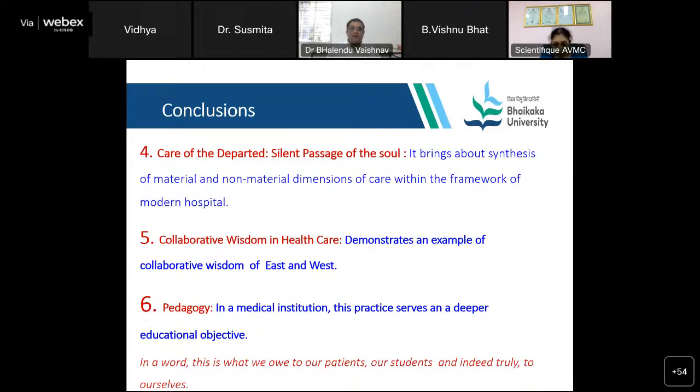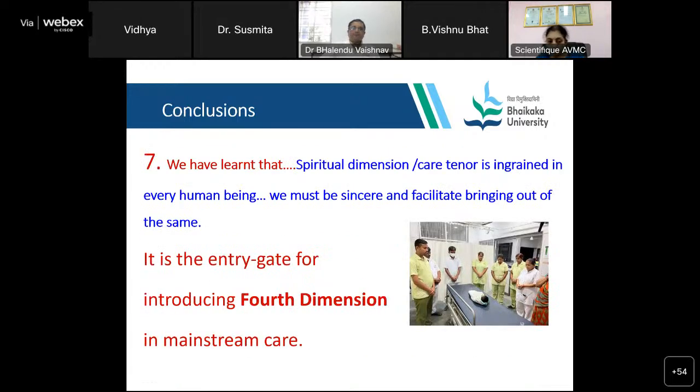Sixth is pedagogy. In a medical institution, this practice serves a deeper educational objective. In a word, this is what we owe to our patients, our students, and indeed, truly to ourselves. Last, but not the least, we have learned that a spiritual dimension or character is ingrained in every human being.